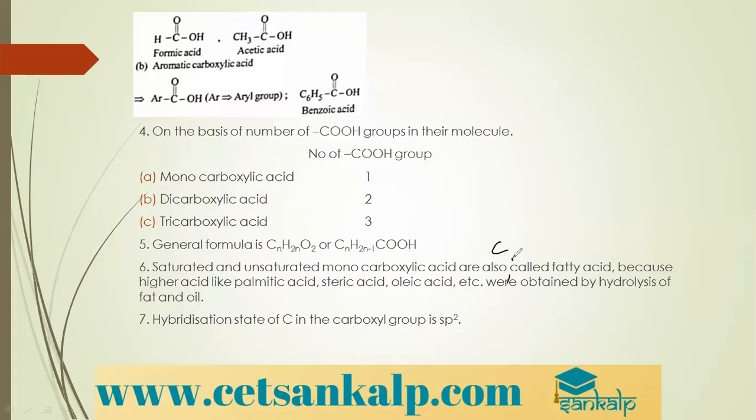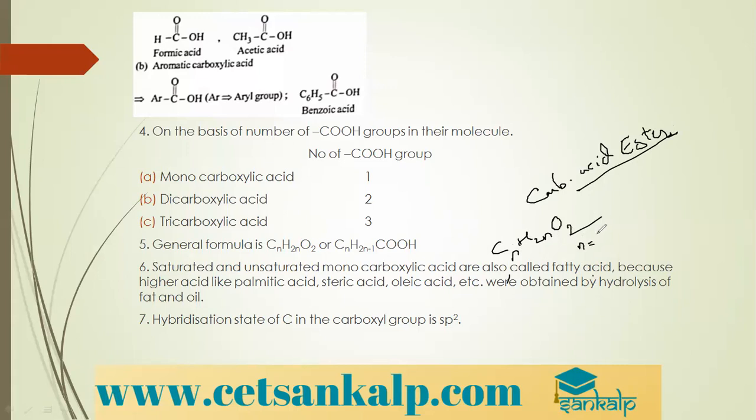This is the general molecular formula for carboxylic acids, and it is also the general molecular formula for esters. Therefore, I can say carboxylic acids and esters are functional isomers of each other.